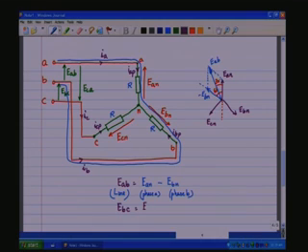And likewise ECA. For ECA we are considering this loop as shown by the cursor.